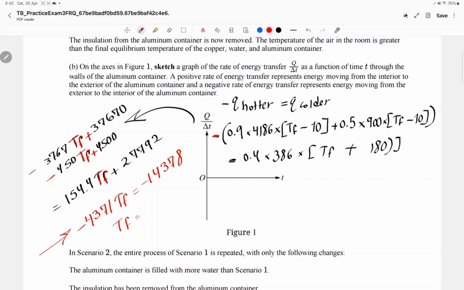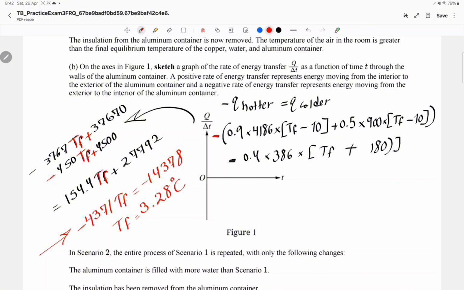TF is equal to, I got 3.28 or 3.3 Celsius. 3.28 will do.